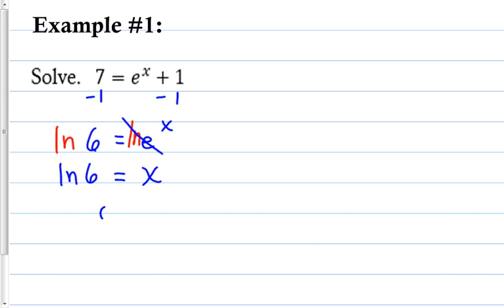If it's required for you to actually provide a decimal, then you're going to plug that in your calculator because you're not expected to know that off the top of your head. x is going to approximately be 1.792.